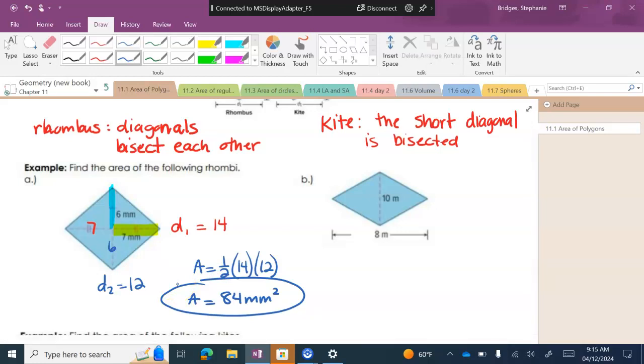All right, try B. They give you the length of both diagonals in full. Those have not been cut in half. One of the diagonals is 10. The other is 8. So plug those into your formula. 1/2. One diagonal times the other diagonal.